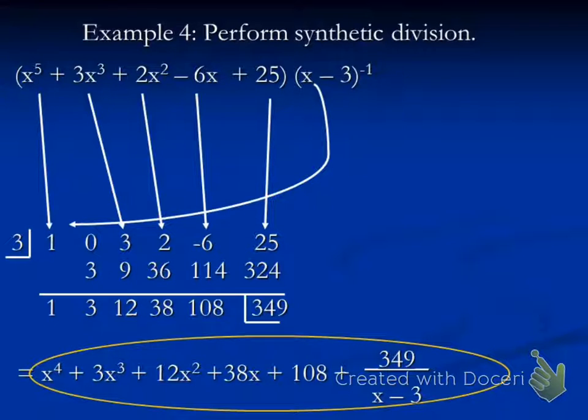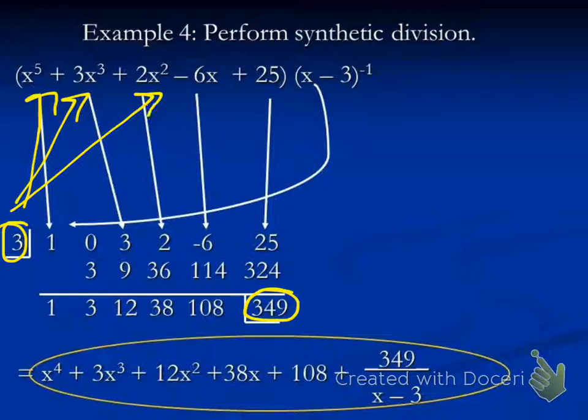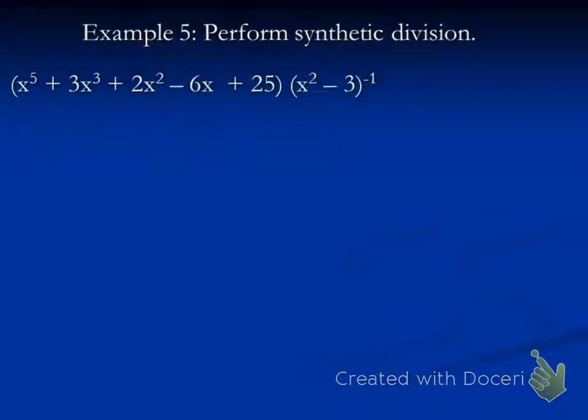All right, and what else does this 349 tell us? Not a y-intercept, it's a point, right? It's the y-coordinate. If x is 3 on this function, 3 to the fifth, 3x, 3 times 3 cubed, if I plug 3's in everywhere there, I get 349 as an output value for that function. Okay, all right.